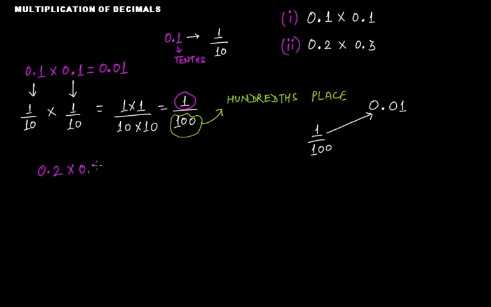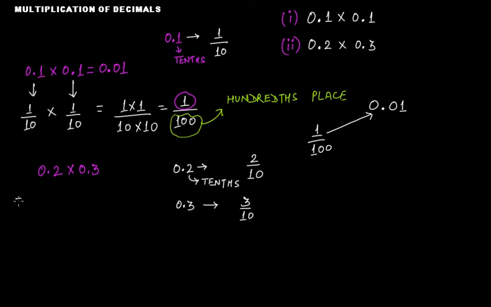For the second one, it is 0.2 multiplied by 0.3. Now, as we did here, 0.2 tells us that at the tenths place we have 2. Therefore, we can write it as 2/10, as we did in this case. And similarly, 0.3 can be written as 3/10, because at the tenths place you have 3.